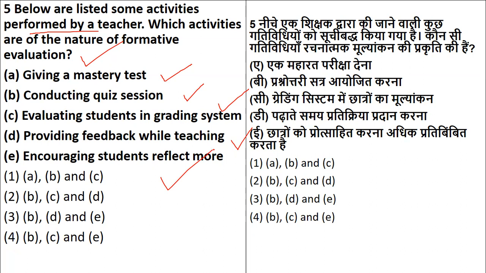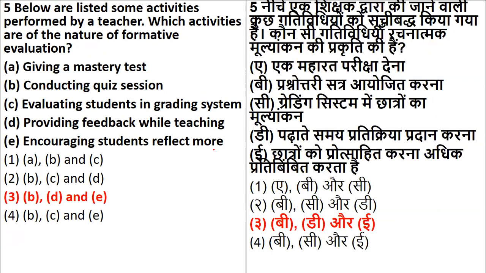When you're trying to seek out the feedback, it has to be done in a continuous manner. So what points given can be of the nature of formative evaluation? Mastery test or a quiz session, or evaluating students in a grading system, providing feedback, encouraging students more.